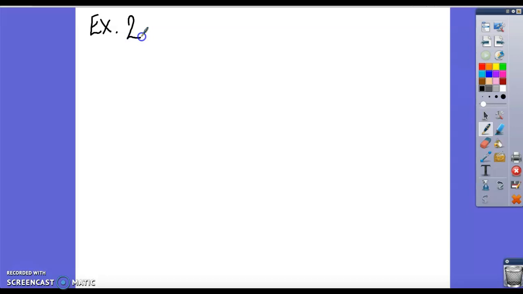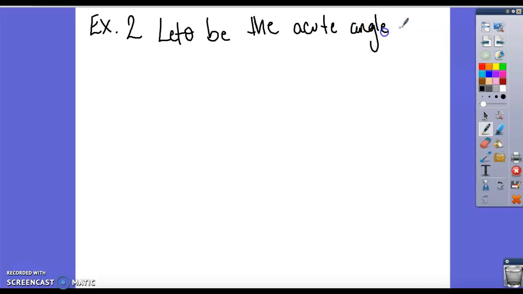Okay, example 2. Let theta be the acute angle in standard position, not standard form, sorry.